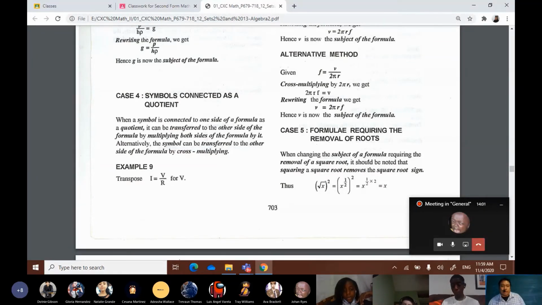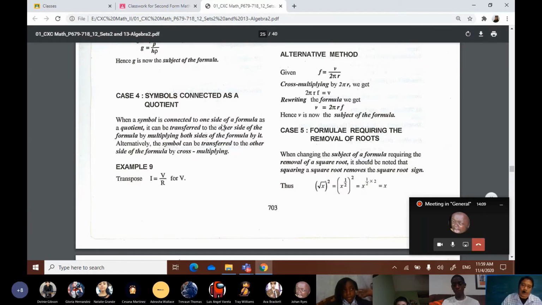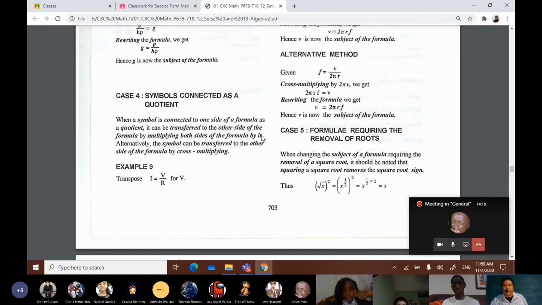When a symbol is connected to one side of the formula as a quotient, it can be transferred to the other side of the formula by multiplying both sides of the formula by it. Alternatively, the subject can be transferred to the other side of the formula by cross multiplying.